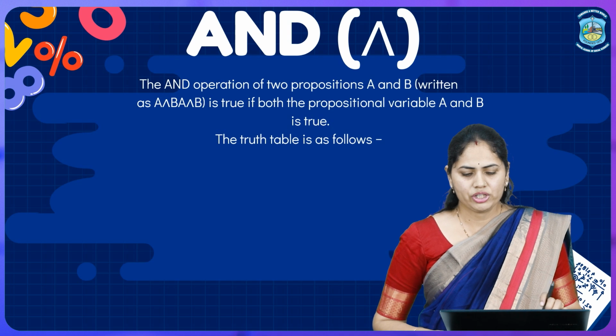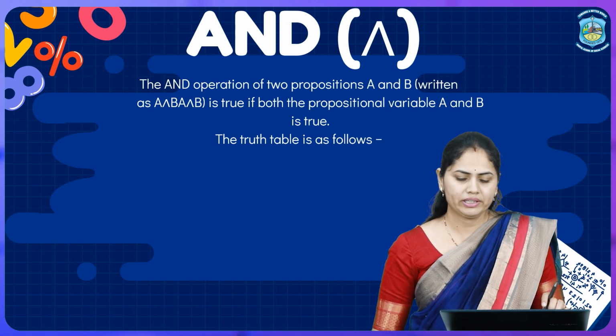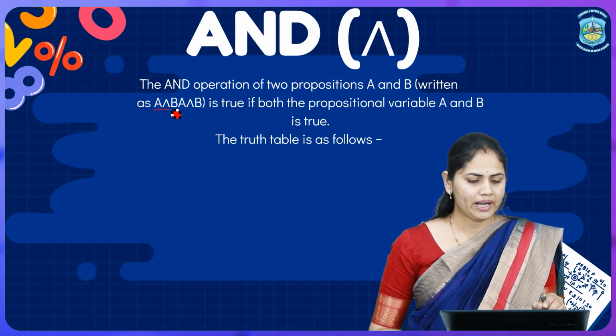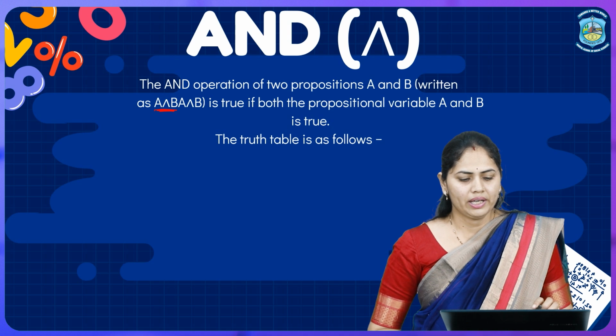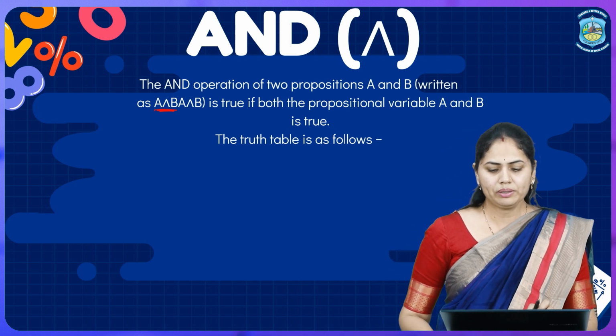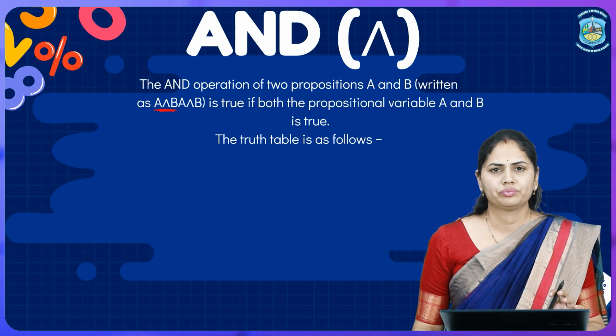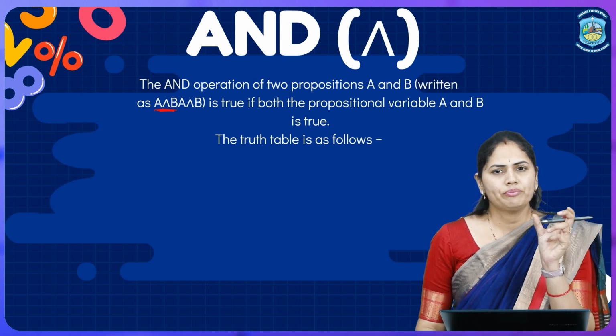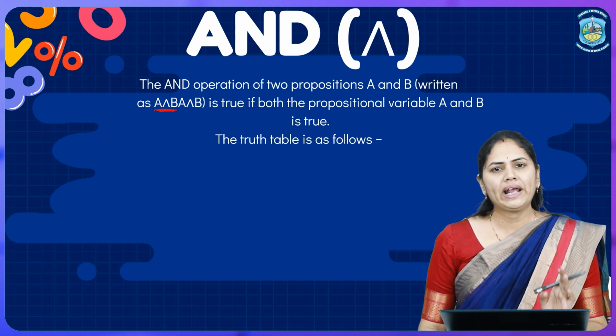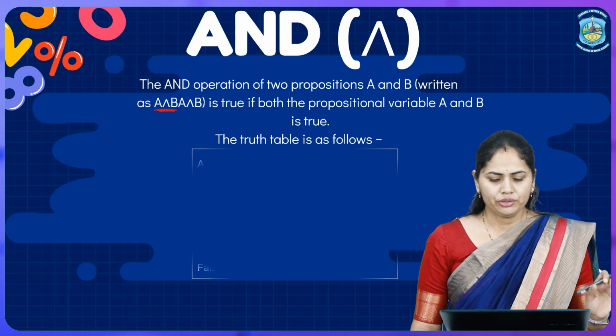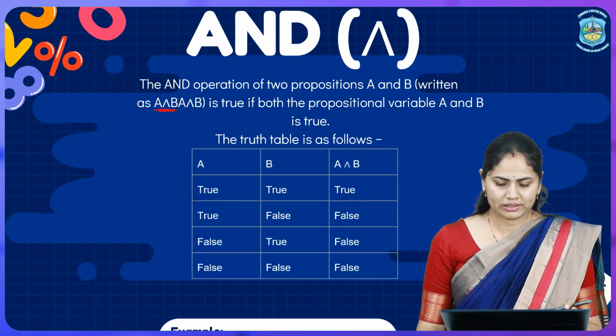Now, the AND operation of two propositions can be written with this symbol, A and B. It is true if both the propositional variables A and B are true. Meaning if both the statements are true, then only its truth value will be true, otherwise false.